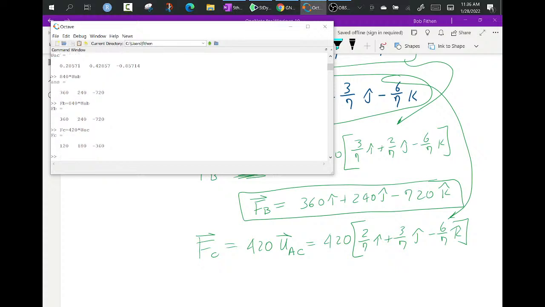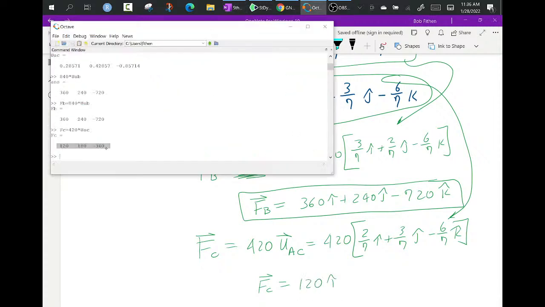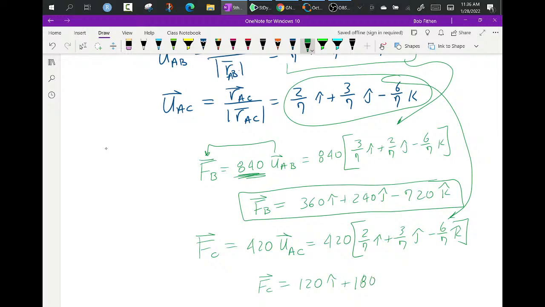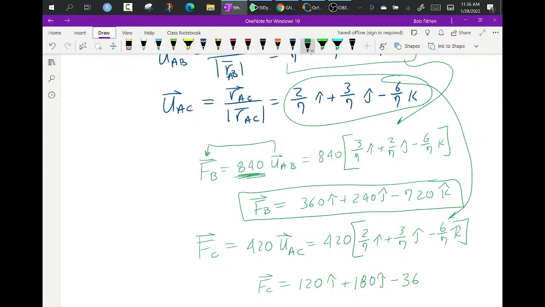Now, not too surprising, I got a bunch of integers here as well. And it makes sense. I'll show you why in a second. So FC will equal to, and I've already forgotten, but it is 120I plus 180J minus 360K.